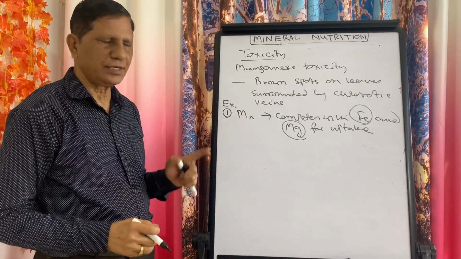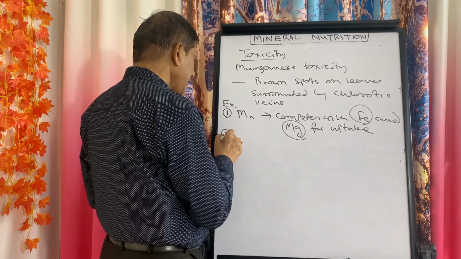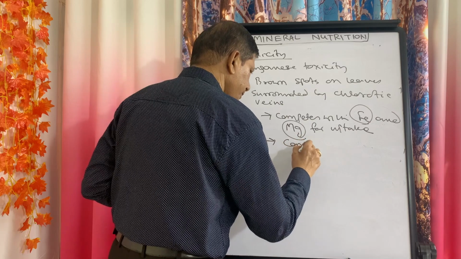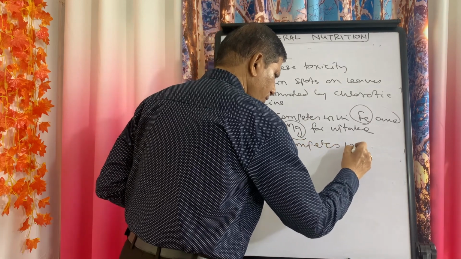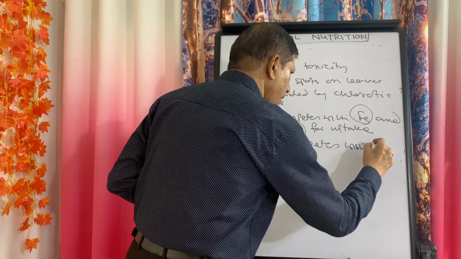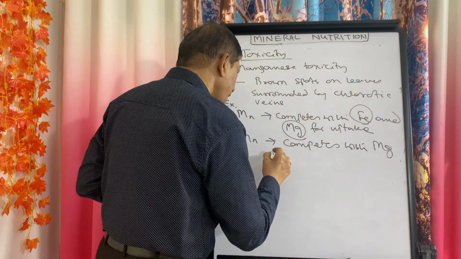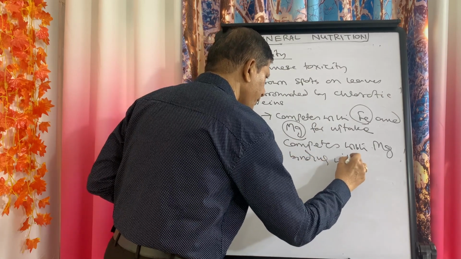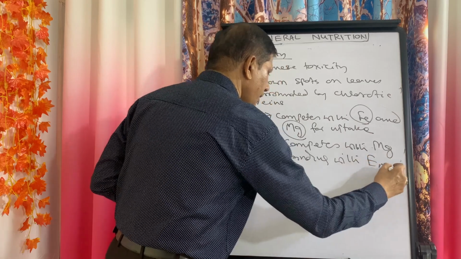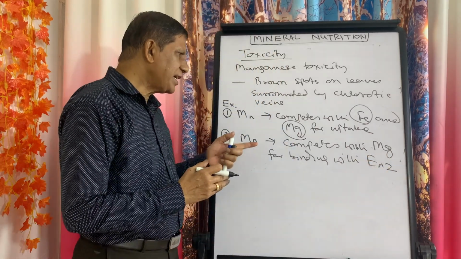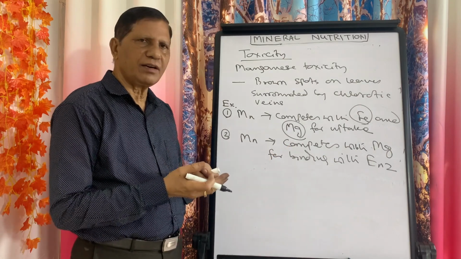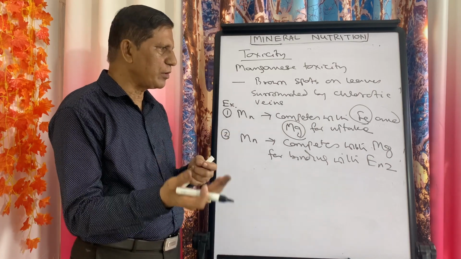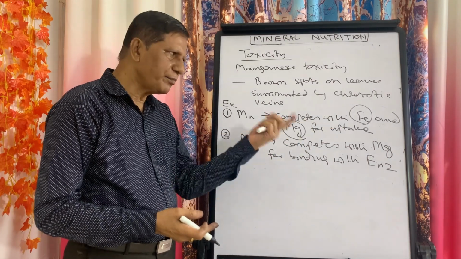Now take the second case. Again, manganese competes with magnesium for binding with an enzyme. That means manganese and magnesium compete with each other to bind with a particular enzyme. If manganese binds, then there will be no action of the magnesium, or vice versa.